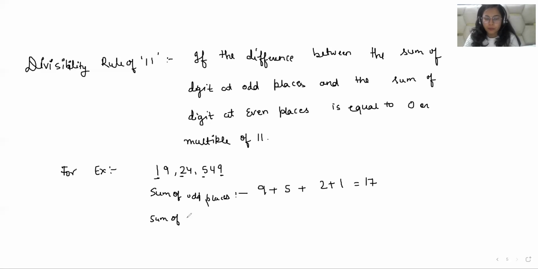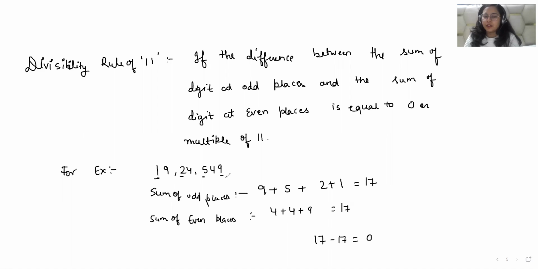Now sum of even places. That is 4 plus 9 is 17. Do the difference. 17 minus 17 is 0. You get the difference 0. That means the number is completely divisible by 11.